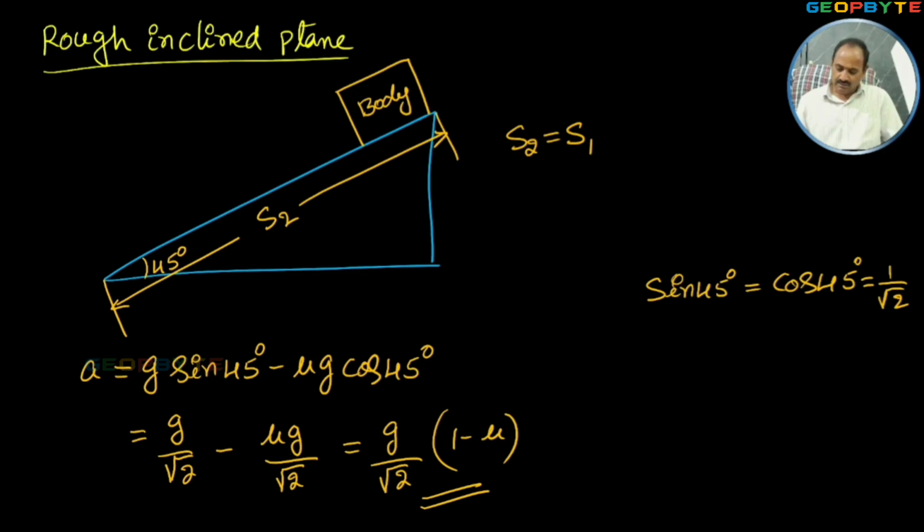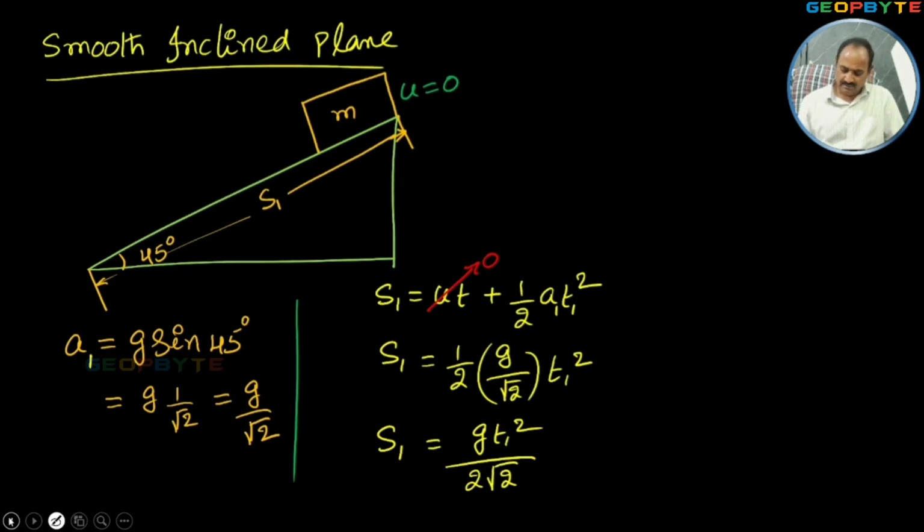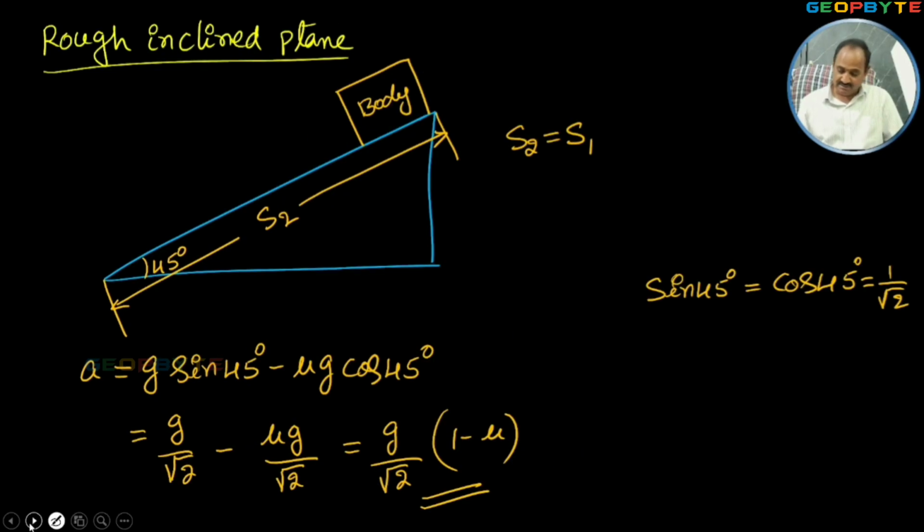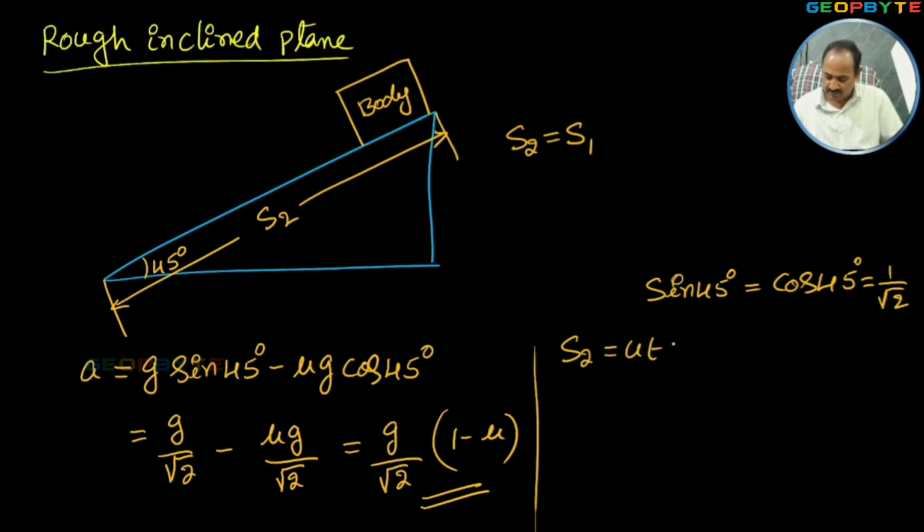Now, since S1 equals S2, look at the S1 value, g t1 square by 2 root 2. For this you need to decide the S2 value. S2 equals ut plus half a2 t2 square.